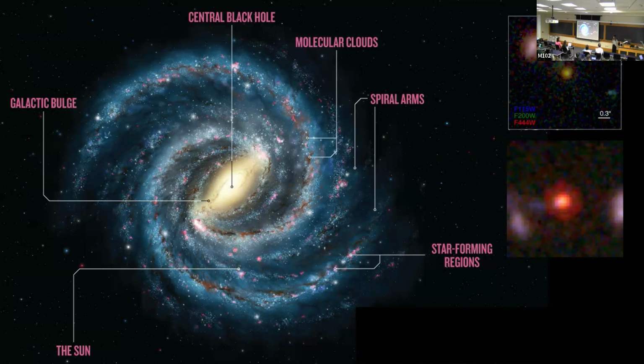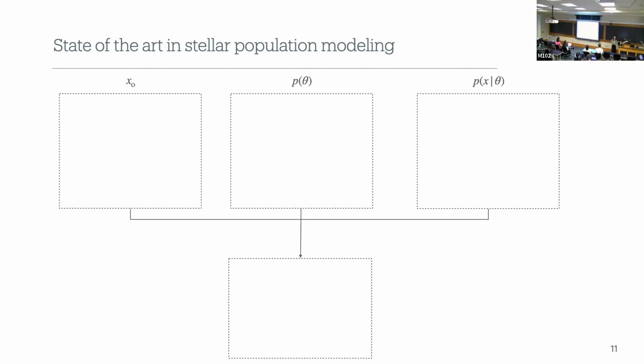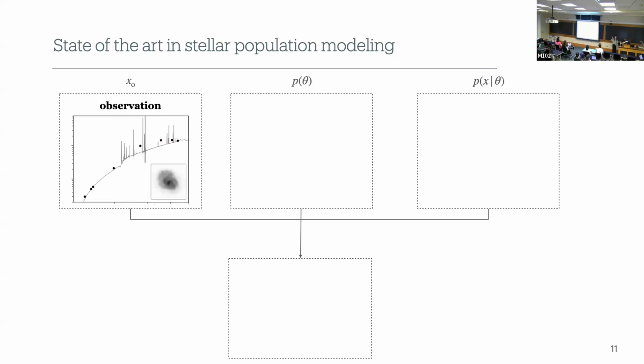So just to take a step back to what I mean by stellar population inference, and usually this is the image we have in mind. There are different components that go into the stellar population models. First, we have the data. I'm just showing you photometric points sampled on some spectrum of a galaxy.